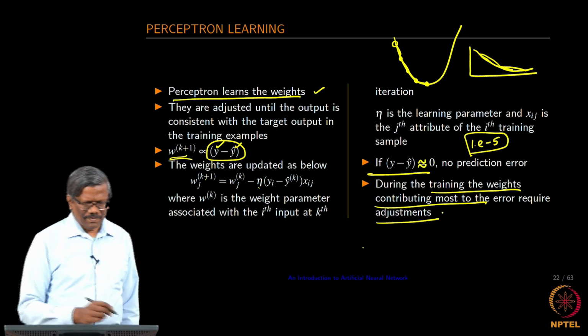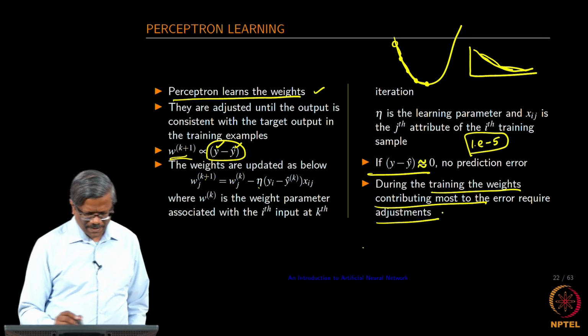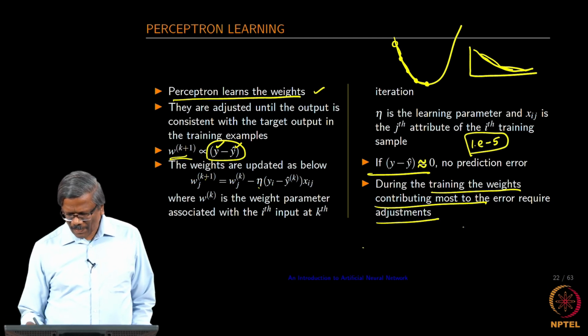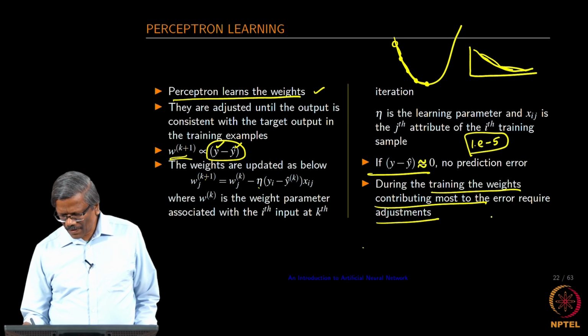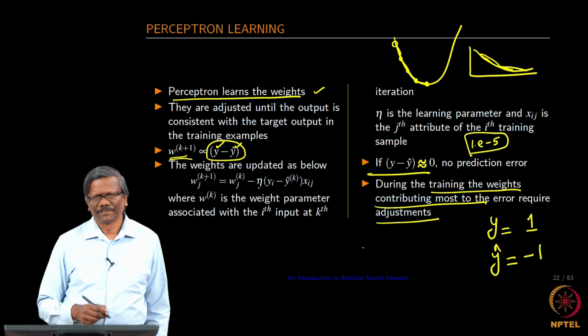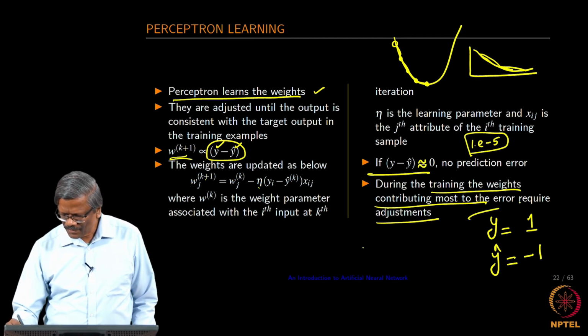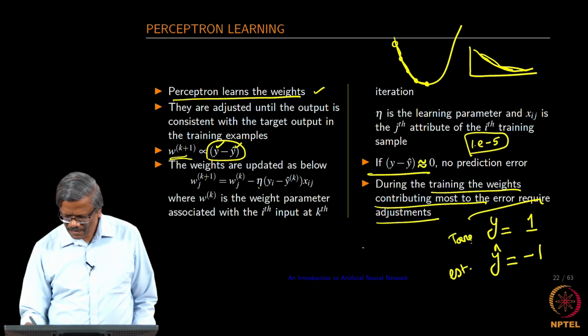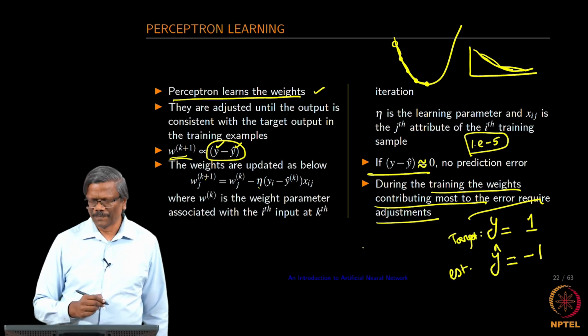Okay. So, I am going to ask you to do one exercise in this. Supposing the target output is 1 and the estimated output is minus 1. Okay. So, this is the estimated one, this is the target value.